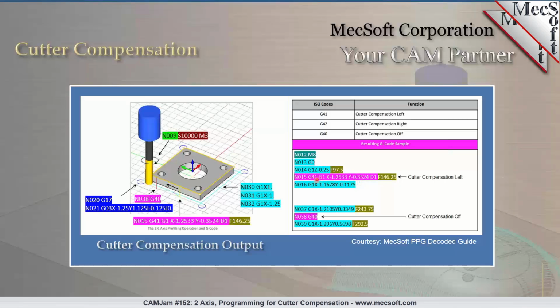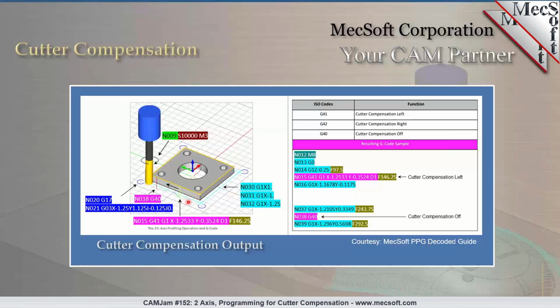At the beginning of your first XY move, you have a G41, turning on the cutter compensation. And at the very end, before your departure move, it's canceling the cutter comp with a G40, and then you have your departure motion. So after the retract, before the departure move, you have a cutter compensation cancel.